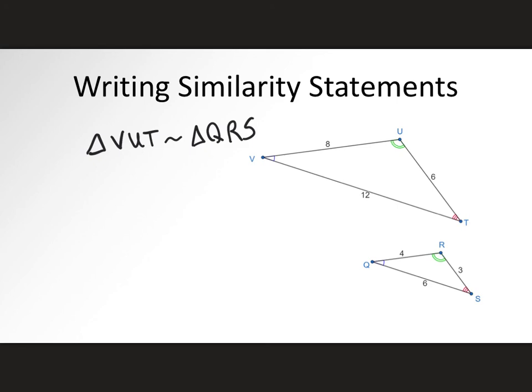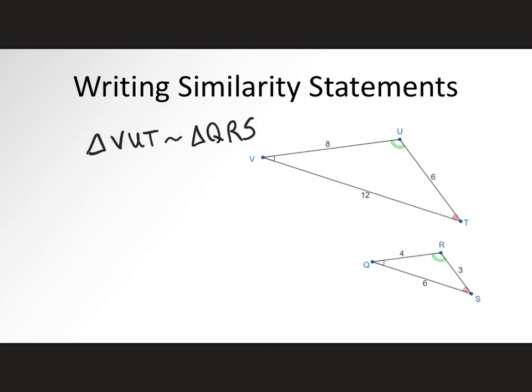Now I'm going to go through and just make sure that all the side lengths are in their right place as well. So VU should be proportional to QR. Here's VU, it's 8, and QR is 4, half as much as 8. So those two sides do correspond with each other, and VU is twice as big as QR. And then we have UT, which is over here, that's 6, and RS, which is over here, that's 3.